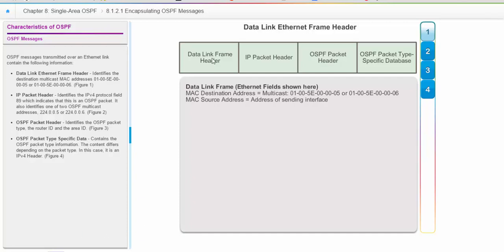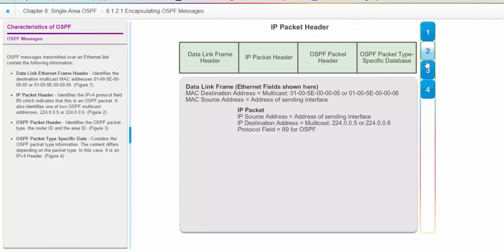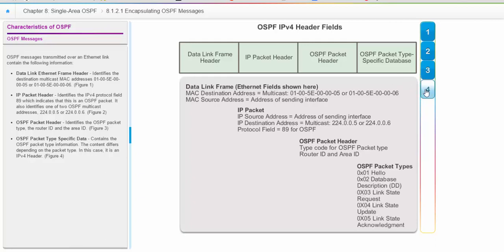In the data link frame header, you have your MAC destination and your MAC source addressing. In the IP packet, you have your IP source address and your IP destination address. You'll notice it also has the protocol field. Then the OSPF packet header has the type code for the OSPF packet type, your router ID, and your area ID.